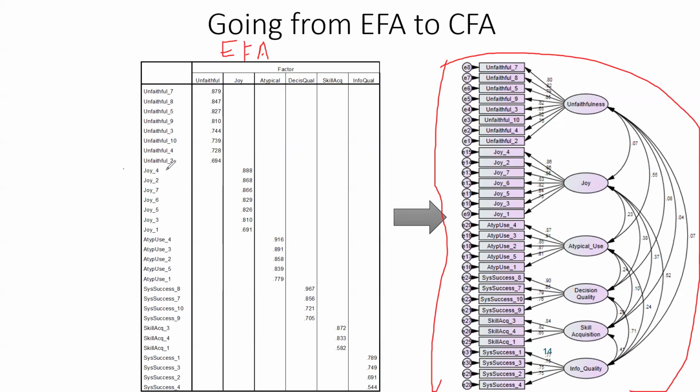Here we get a matrix like this, but here we connect arrows from one construct to the rectangle-shaped observed variables. We call them observed variables, and these are unobserved. Shapes also mean something. We also have error terms, which were not available in the EFA.